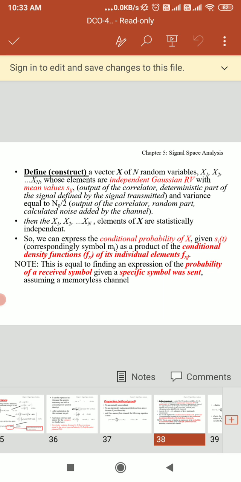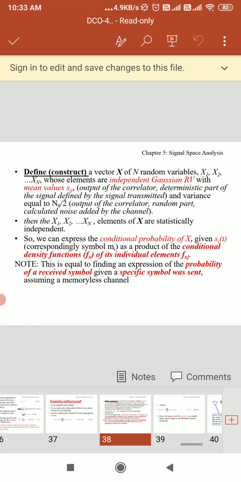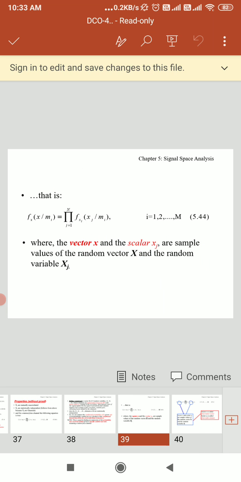Here this is equal to finding the expression of the probability of the received signal given a specific symbol was sent, and we are assuming a memoryless channel. So we will get f_X(x|mi) equal to the product over j equal to 1 to n of f_Xj(xj|mi), where vector x and scalar xj are the sample values of the random vector X and the random variable Xj.